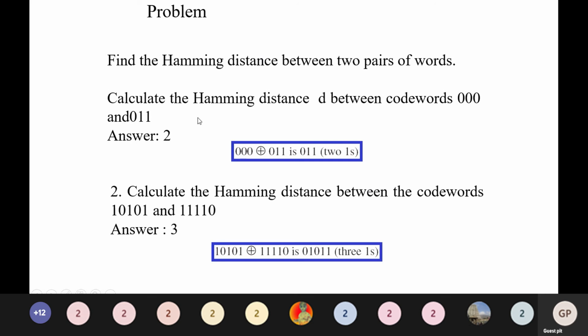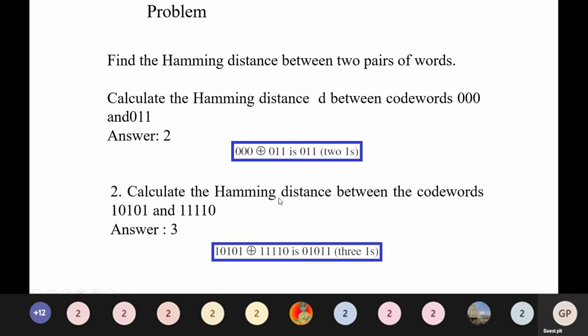If you find the distance between these two words, 0 and 0 there is no change, 0 and 1 there is a change, and 0 and 1 there is a change. Also if you XOR these two, it is 011, there are two ones, so the Hamming distance is 2.